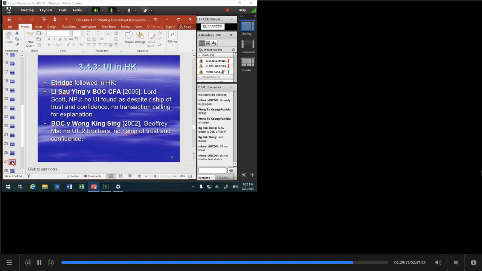So the presumption didn't even arise in Li Xiaoying. It's a Class 2B relationship. The first element was established, a relationship of trust and confidence, but no transaction calling for an explanation.